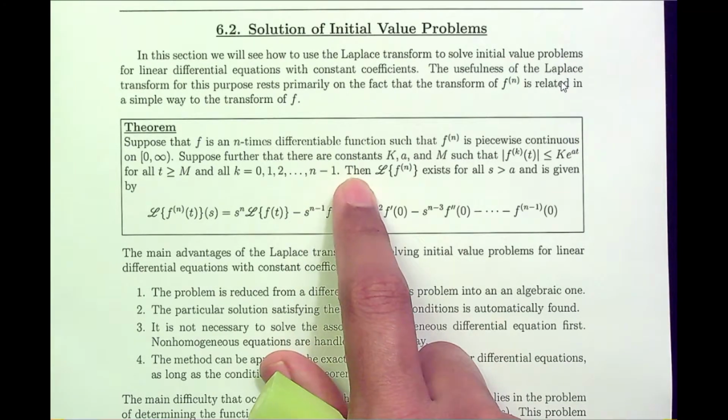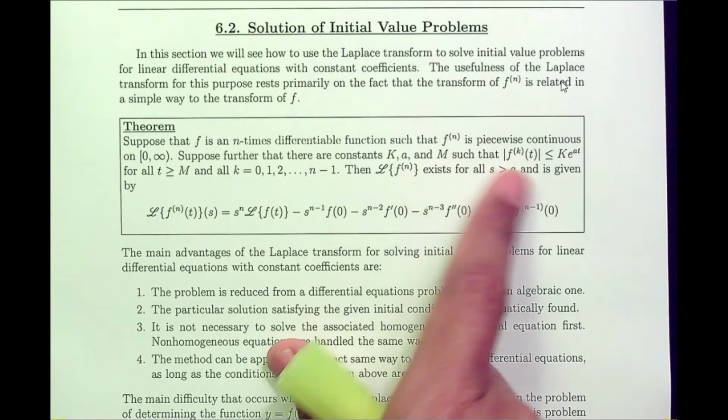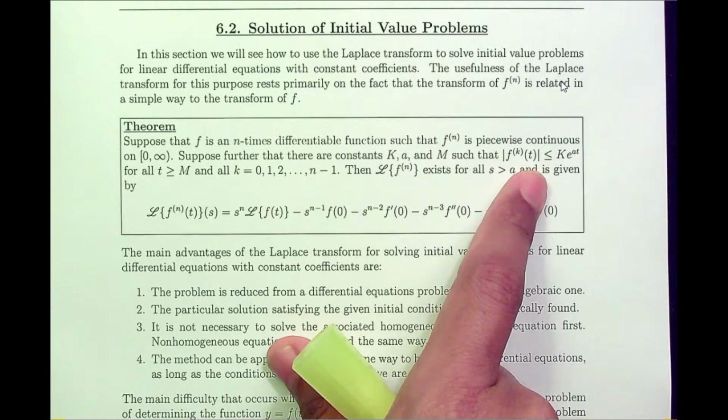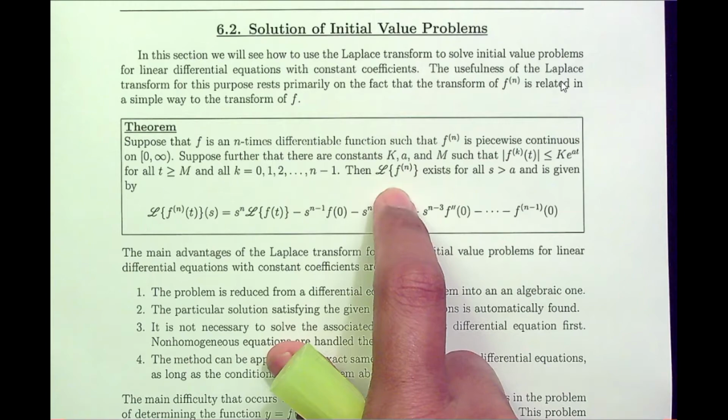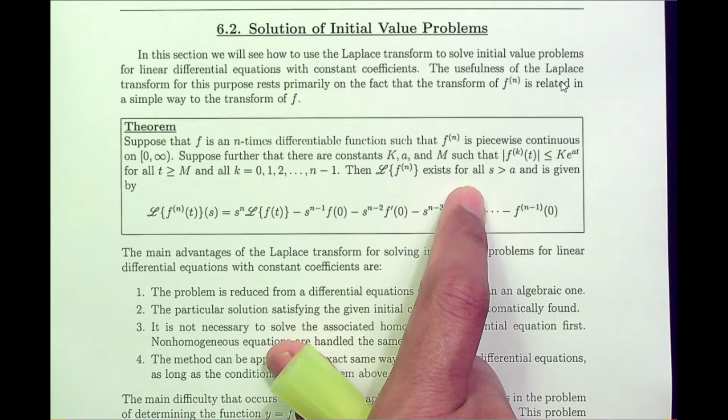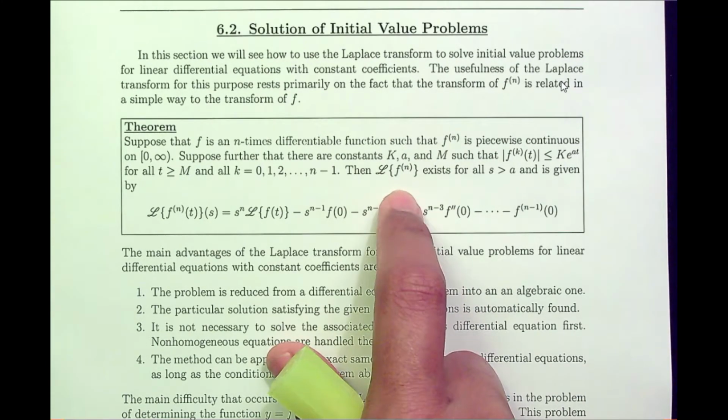Well, the theorem says that if these conditions are satisfied, then the Laplace transform of the nth derivative actually exists, and all the previous ones as well. So the Laplace transform of the n minus one's derivative also exists, and actually all of them.